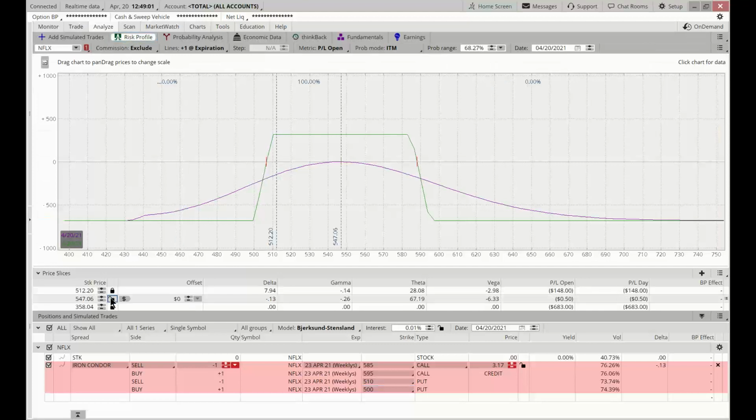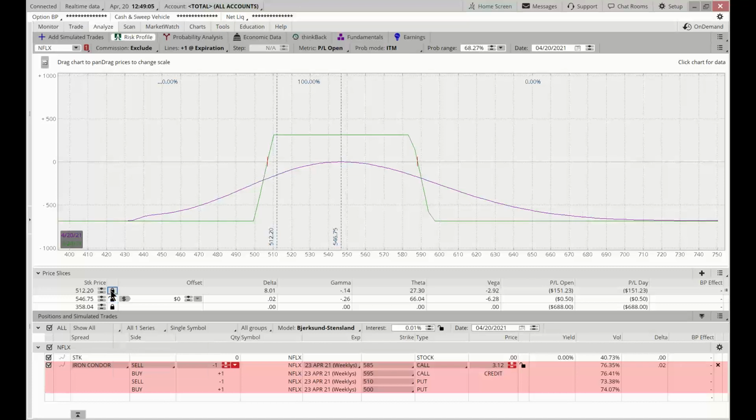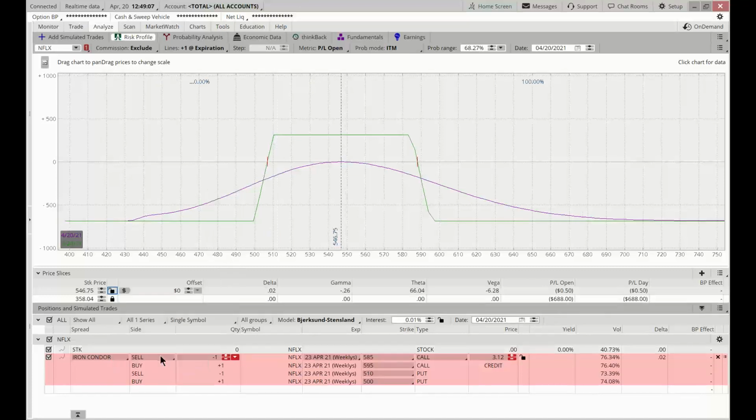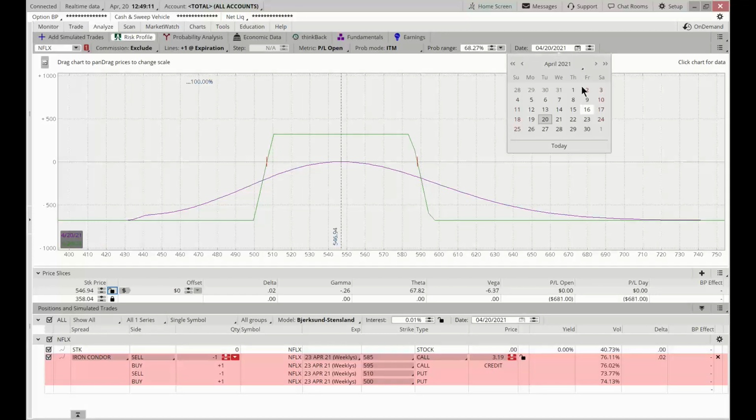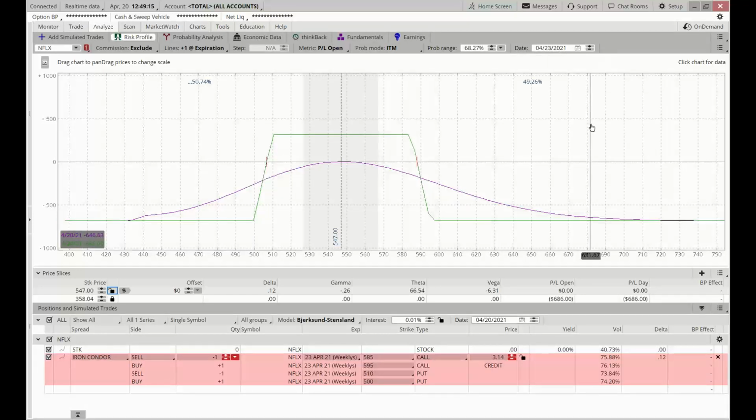And there's the current price. Let's delete that other slice so we don't get confused. And let's shade this out to the 23rd so we can see where one standard deviation is based on Friday.